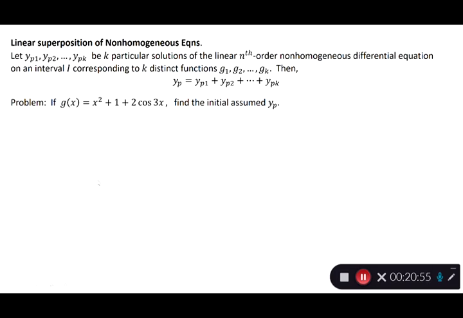What it is saying is, when you are given a g of x, and let's say the g of x is composed of more than one function. Okay. What was it in the previous example?